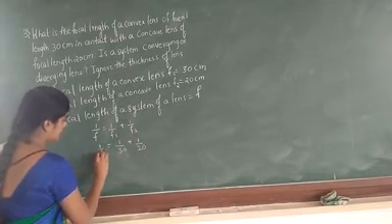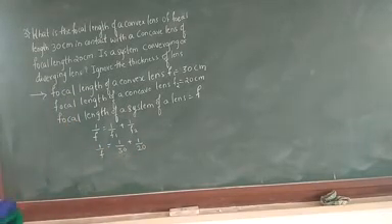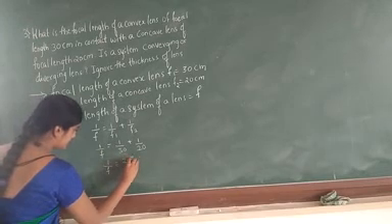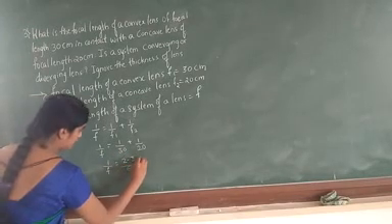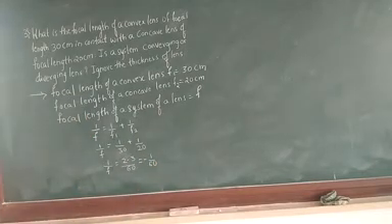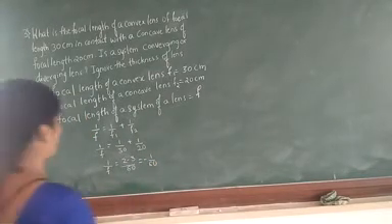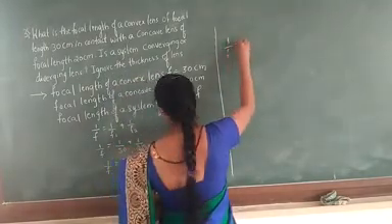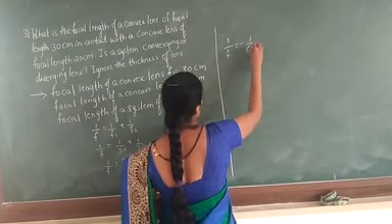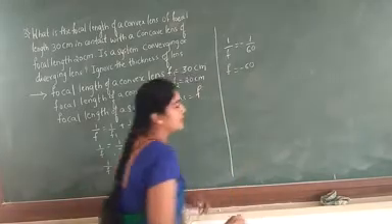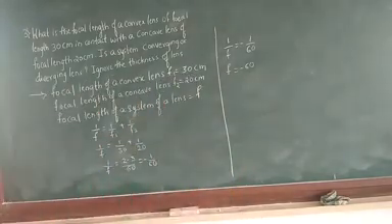Next the calculation part: 1 by F is equal to 2 minus 3 by 60, or equal to minus 1 by 60. Therefore 1 by F is equal to minus 1 by 60, or F is equal to minus 60.